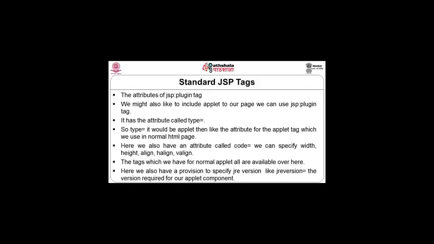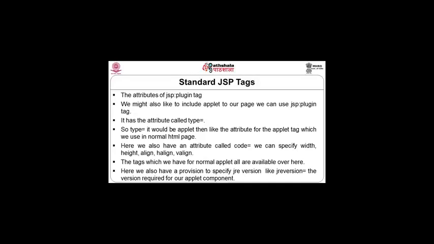Here also we have attributes like code equal to, we can specify width, we can specify height, we can specify the align attribute, we have the h align, v align, fine. All the attributes which are available for a normal applet tag are available here.